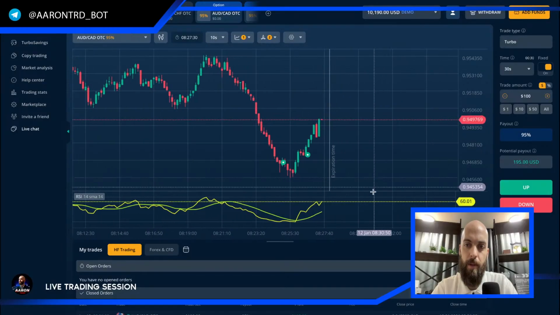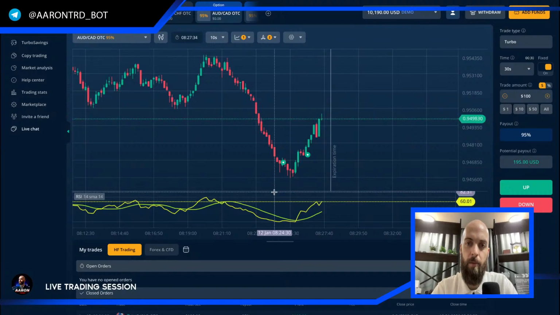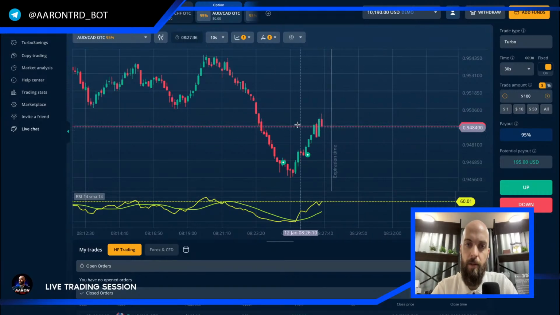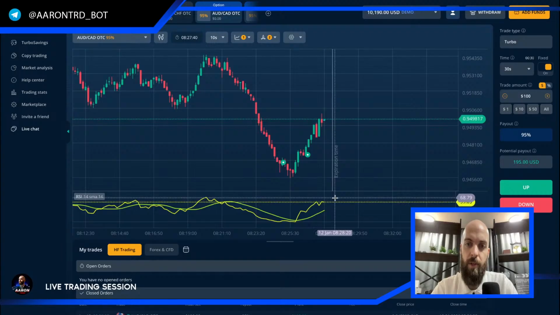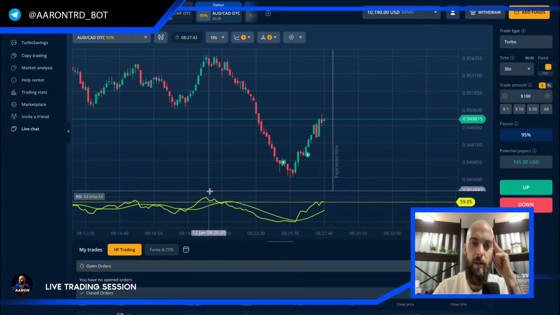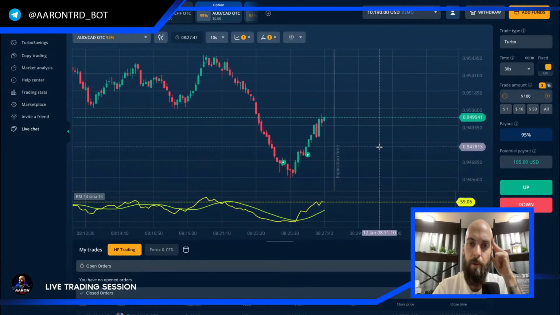Okay. Wow, we're already approaching 70. That was quick. There's a lot of momentum in this. Just went straight down, straight up. If we can get near 70 and find another divergence, something like this, we can go in on it a couple times probably.